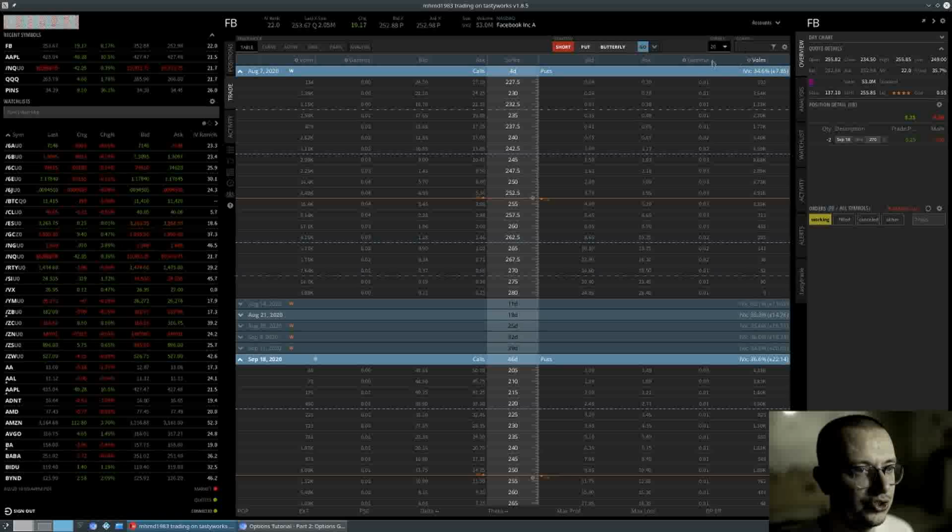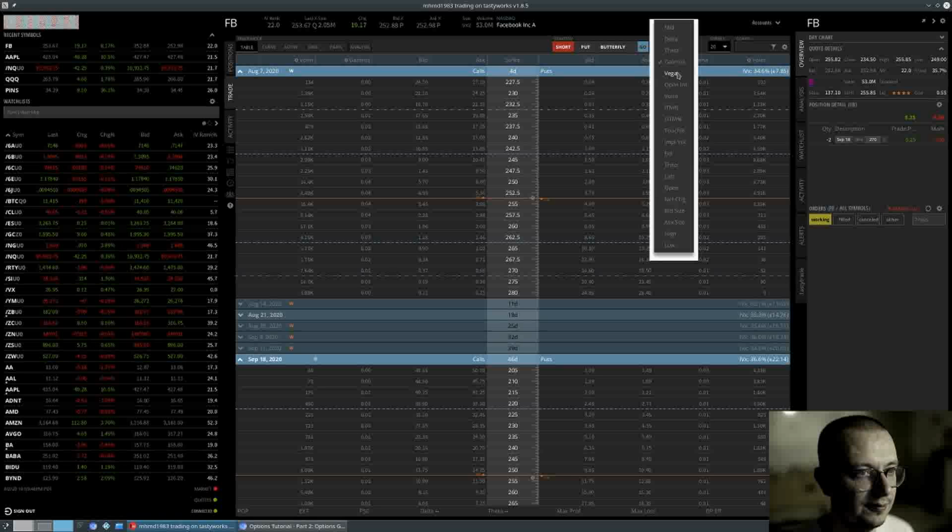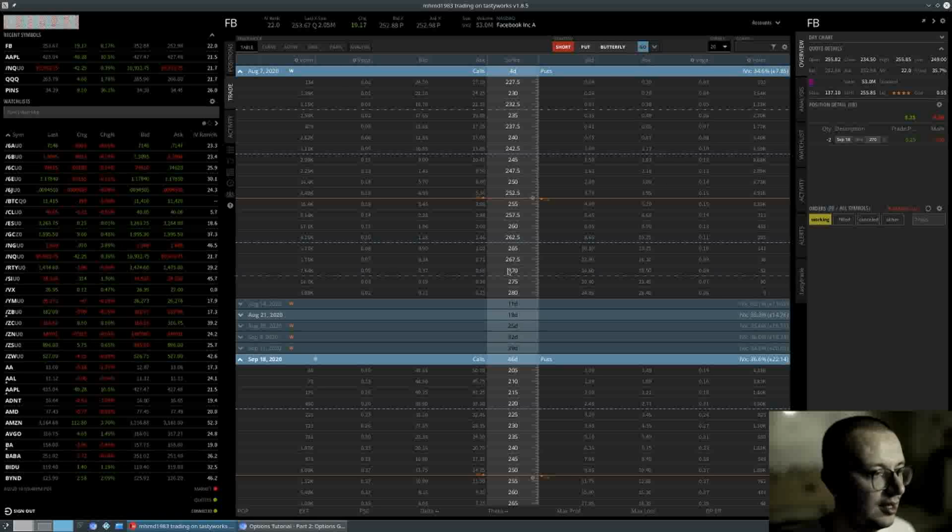We would change gamma to Vega. As you can see, for 255, Vega is 0.15 for August 7, and for September 18 it's 0.37.